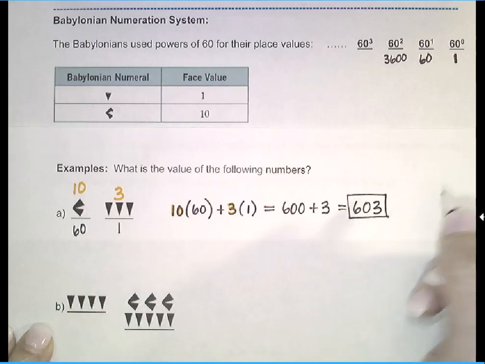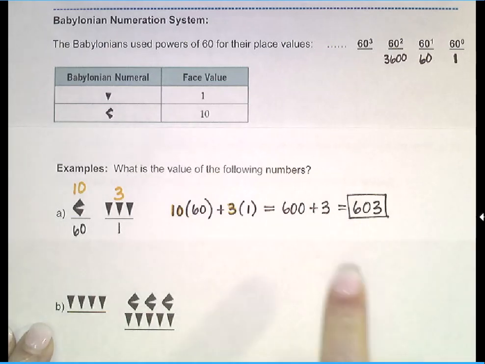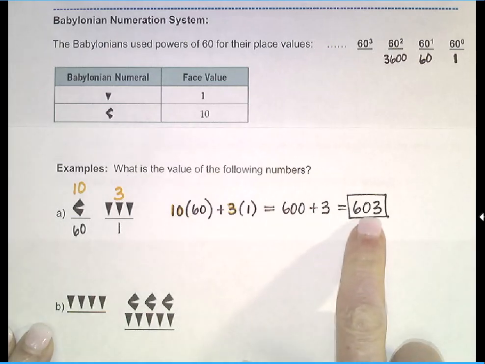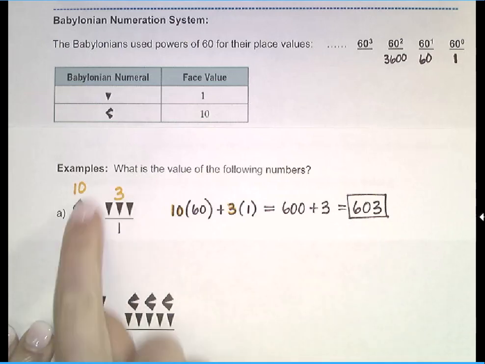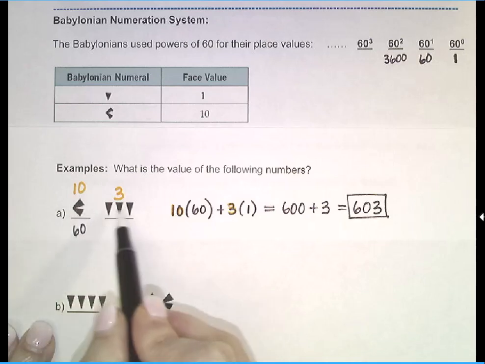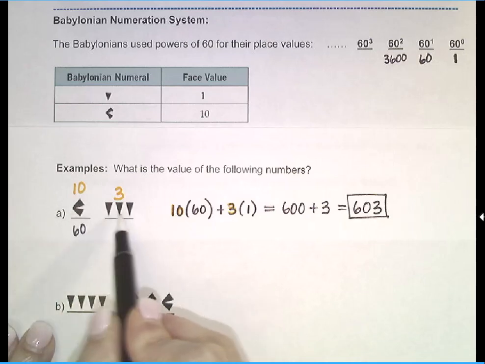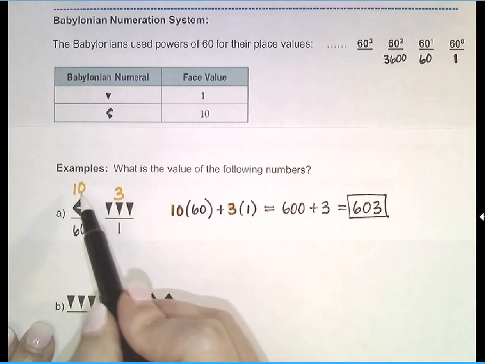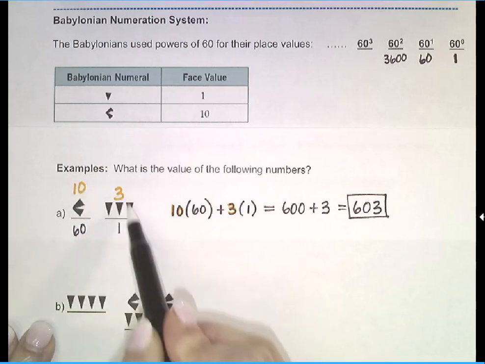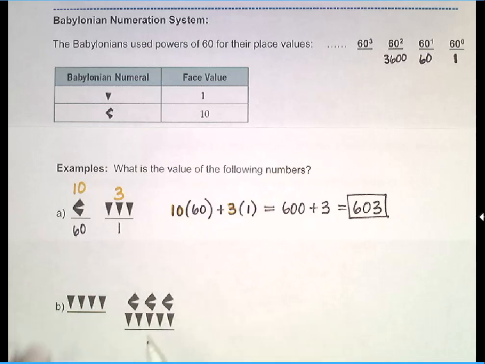So the way that the Babylonians would represent the number 603, see, it takes us 3 place values to do it. It only took them 2. And this is what their number would look like. So if you saw that stamped on a wall somewhere, you would know that that amount was 603. So you're going to take the amount times the place value, and then you add them together.